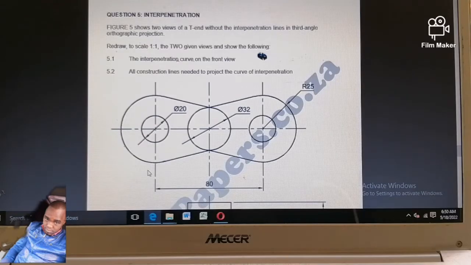Redraw to a scale of 1:1 the two given views and show the following. 5.1. Draw the interpenetration curve on the front view. Show all the constructional lines you needed to project the curve of interpenetration.